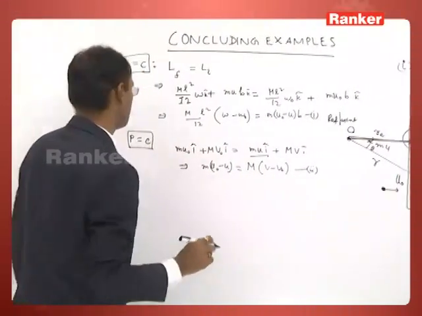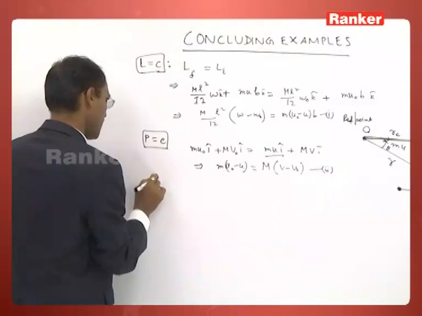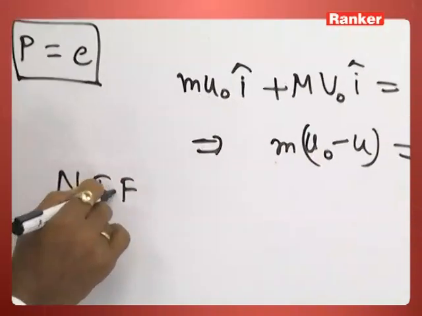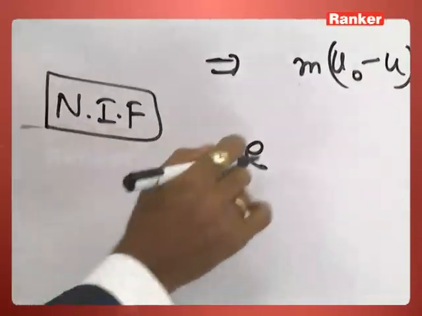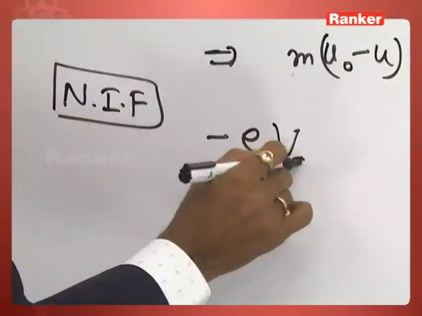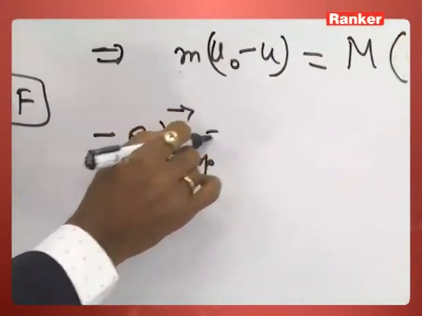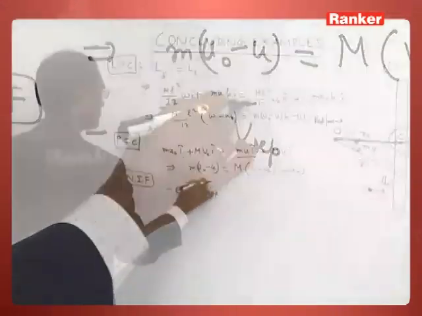The third equation is Newton's empirical formula, which states that minus e into velocity of approach is equal to velocity of separation.